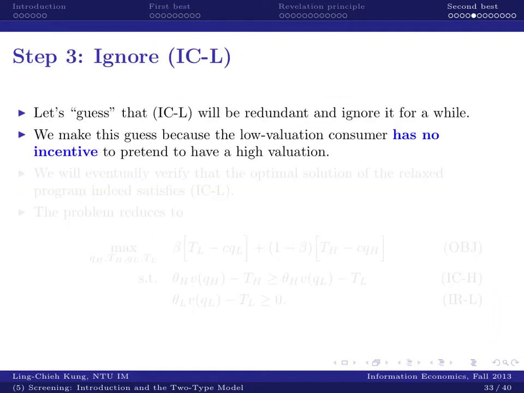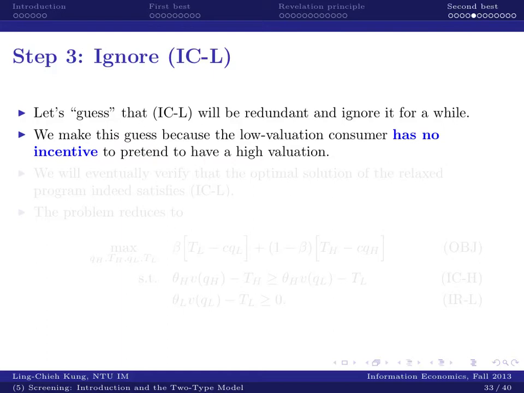Now we can do something more. Let's ignore ICL. We're going to guess that ICL will be a redundant constraint. If that's true, then why not ignore it for a while? The reason we make this guess is intuition.